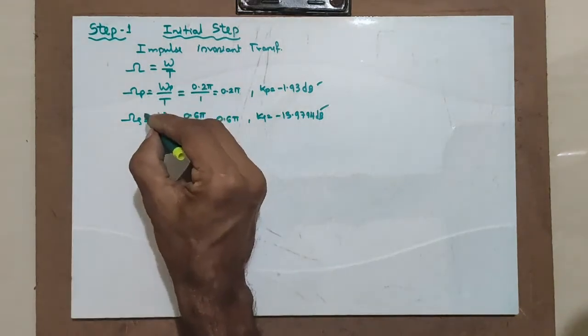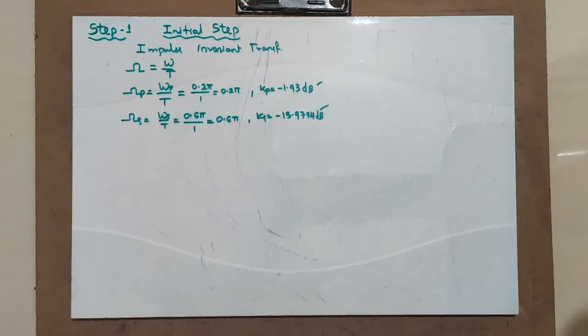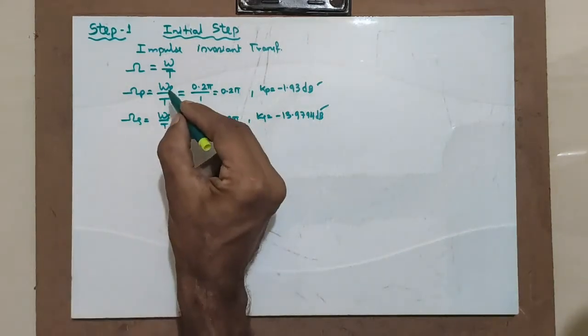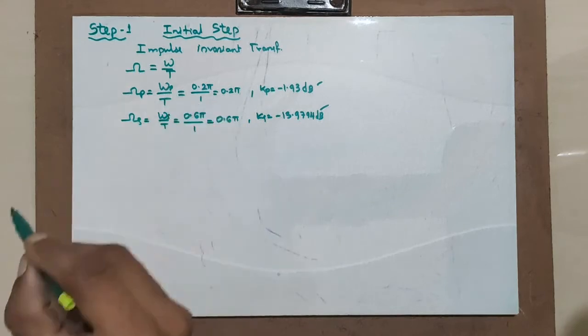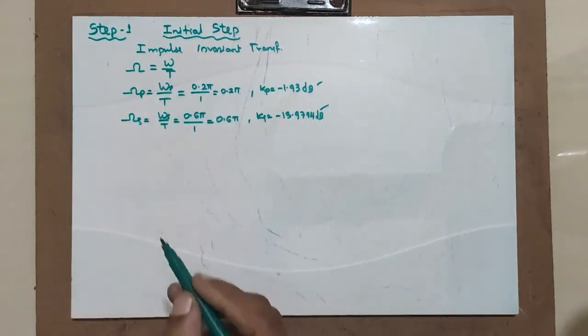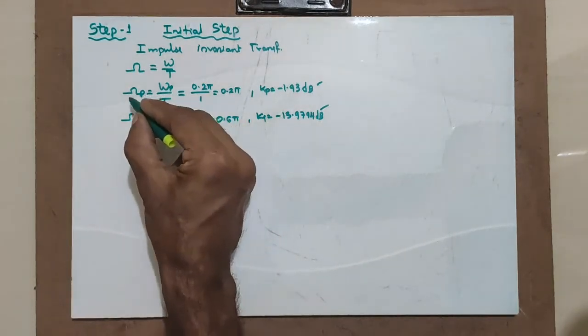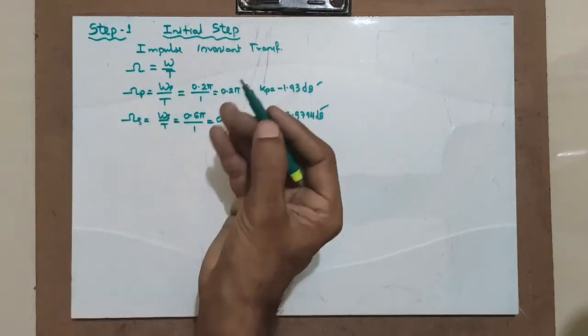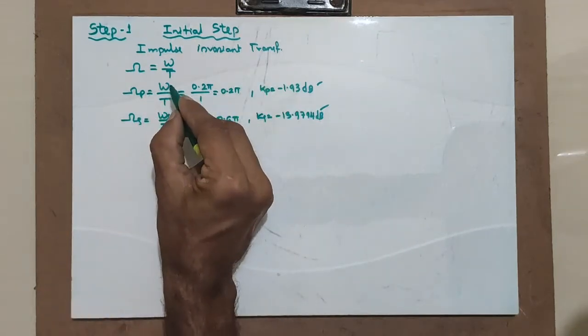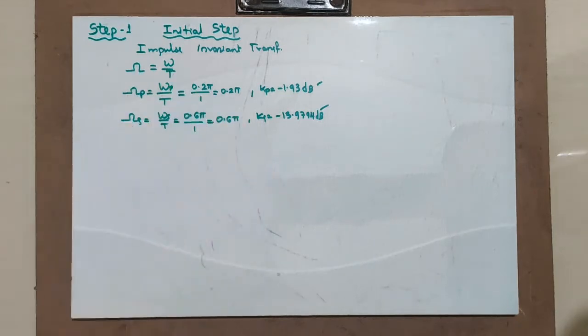Here a small change is there. What change had you made in the case of bilinear transformation? Can you recall? In bilinear transformation, you used the formula omega p equal to 2 by T tan W by 2. But here it is a very simple formula, W by T, that you have to apply. Hence you are converting digital filter design specifications back into analog filter specifications. Step 1, the initial step, is over.